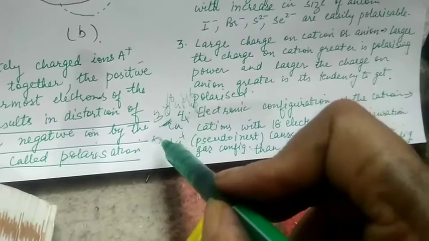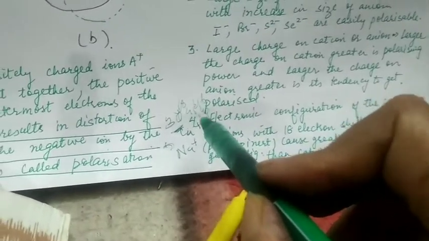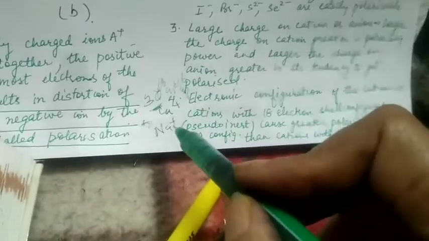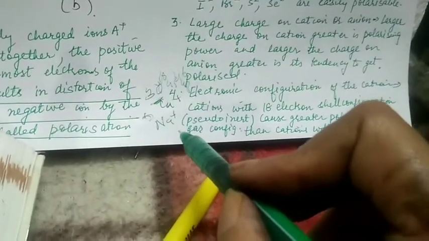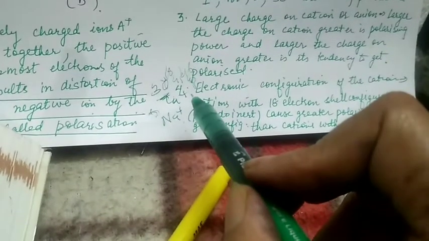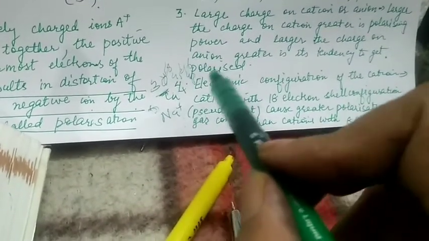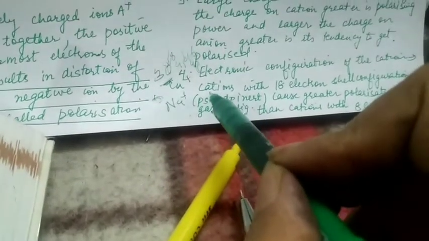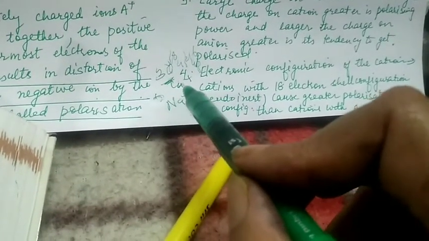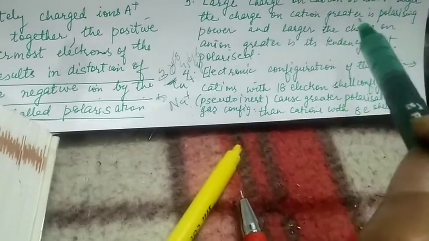That means effective nuclear charge is more for copper, which is having 18 electrons, and less for sodium. So if effective nuclear charge is more for copper, that means the copper nucleus will hold the electrons more tightly and act as a smaller ion and will polarize more.